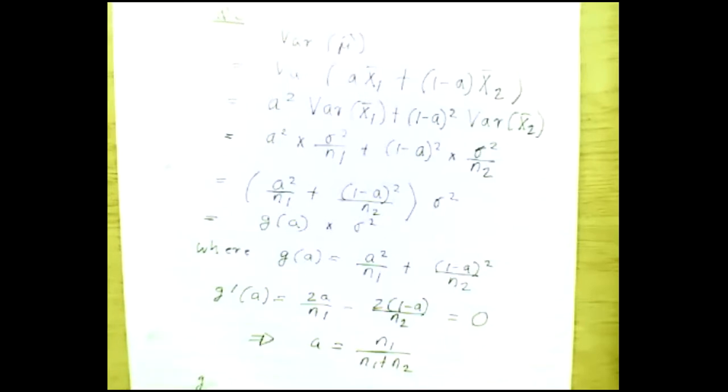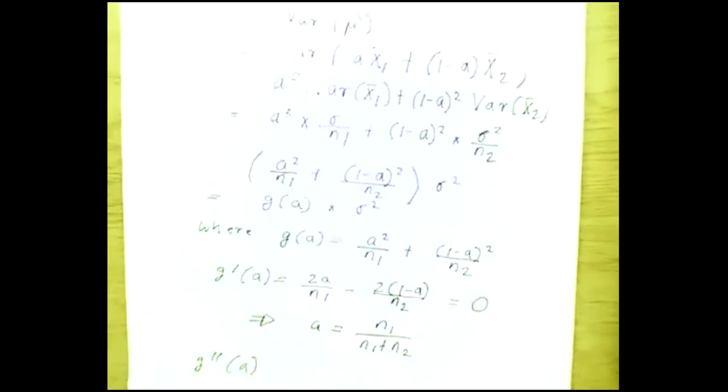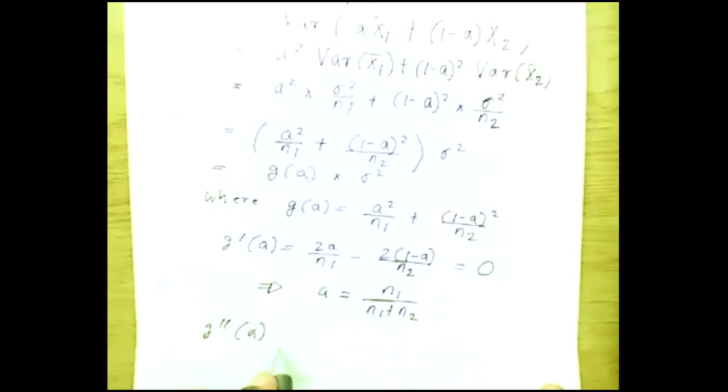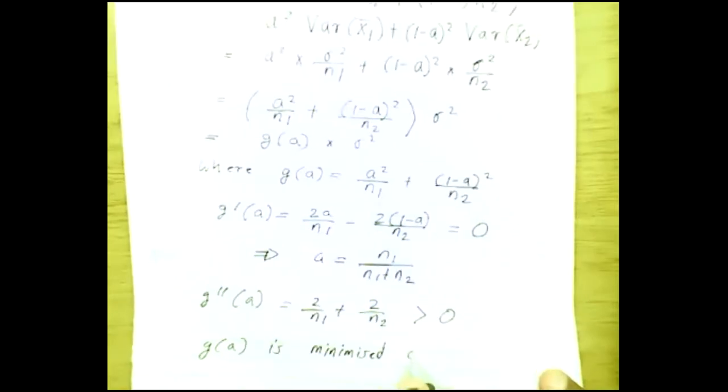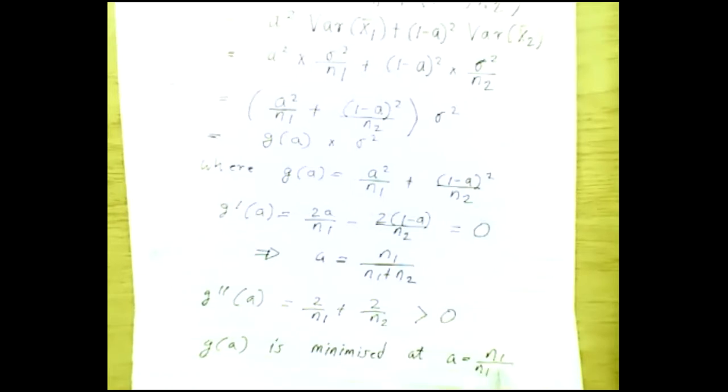Now the second order derivative, which is the derivative of this, is 2 divided by n1 plus 2 divided by n2, which is a positive number. Since the second order derivative is positive, G of A is minimized at A equal to n1 divided by n1 plus n2.